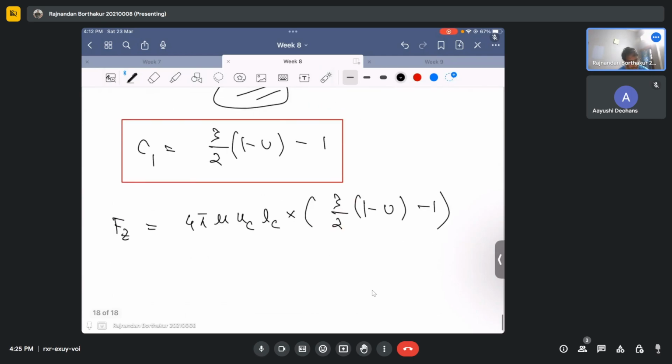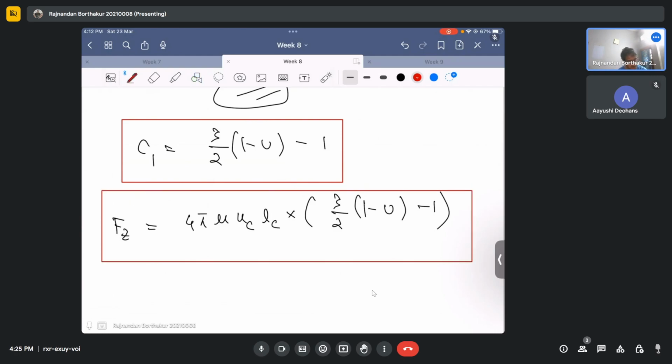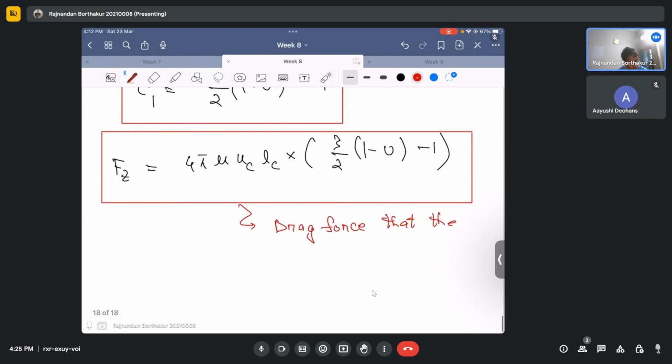So this is typically the drag force that the particle, or I would say the sphere, experiences.